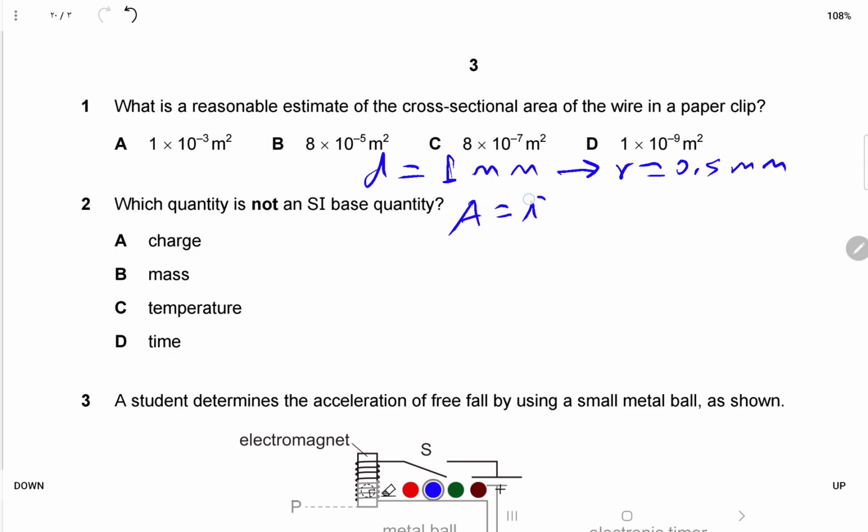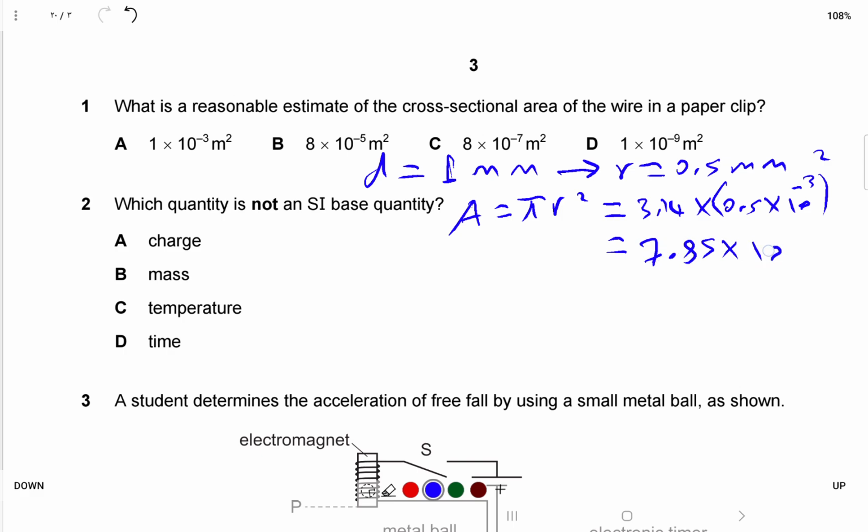Area equals pi r squared, which means 3.14 times 0.5 times 10 to the power of negative 3, to convert it into meters squared. Then on the calculator you get the answer, which is 7.85 times 10 to the power of negative 7, and this is option C. So option C is the correct answer.